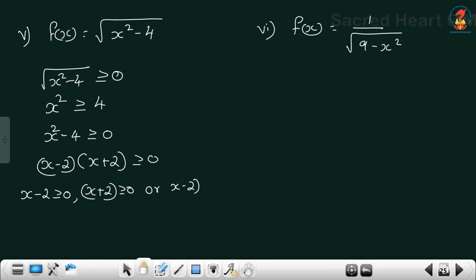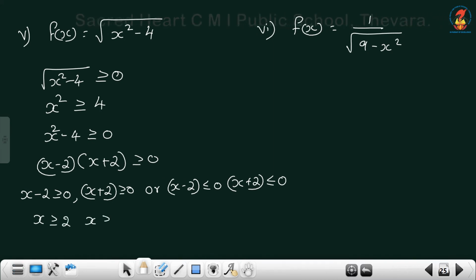Either x minus 2 and x plus 2 are both positive, so x is greater than or equal to 2 and x is greater than or equal to minus 2. Or both negative, so x is less than or equal to 2 and x is less than or equal to minus 2. So x square greater than or equal to 4.